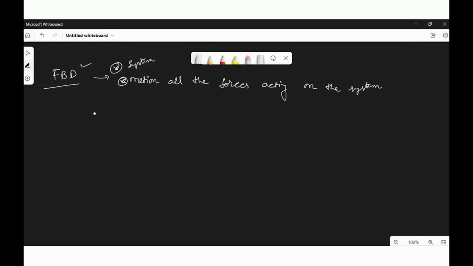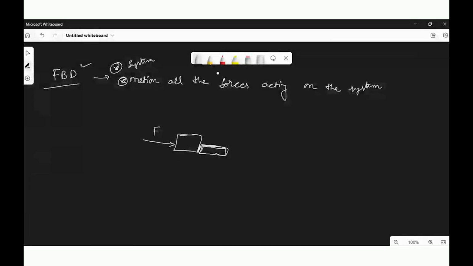You have to consider all the forces that are acting on the system, and not any forces that are exerted by the system. Understood the difference? Say there is a block, and one more small block in contact with it, and I apply a force here.